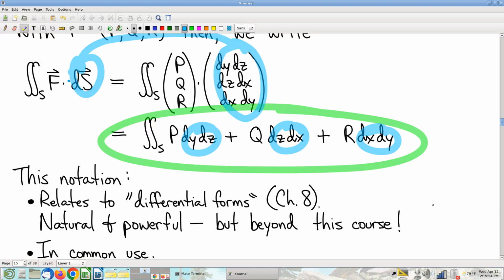You've got to remember what order they go in, and by how they're paired, these P, Q, and R that you infer accordingly are just telling you what the vector field is. So you can just literally take what's written in this form and reinterpret it as a vector surface integral of a vector field whose coordinates you can just see and write down.